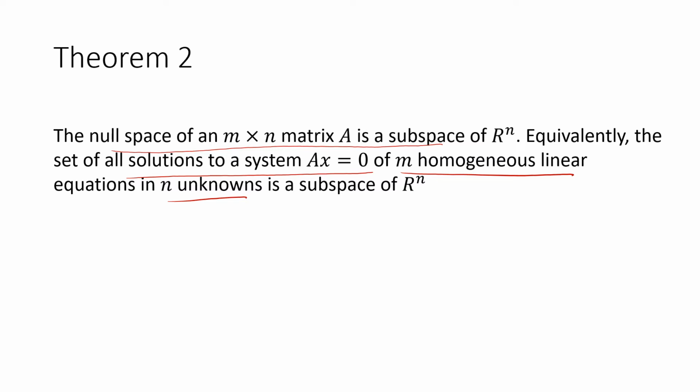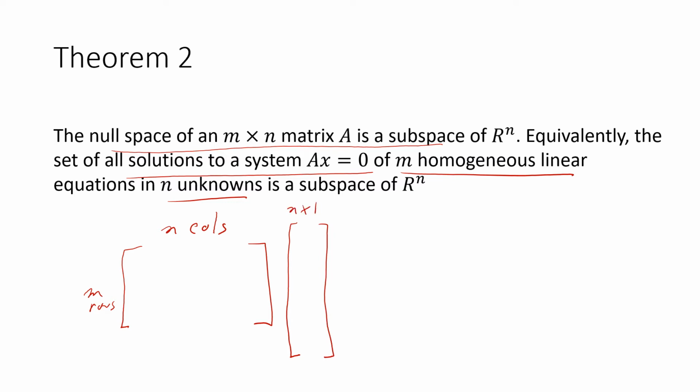So this is saying that you have an m by n matrix. So we have m rows and n columns. What this is doing when you do the multiplication, Ax, you have an n by 1 matrix.